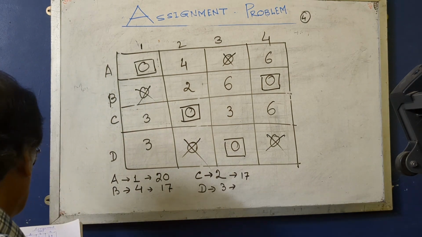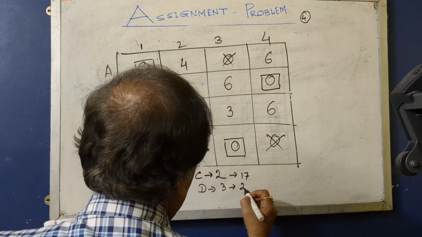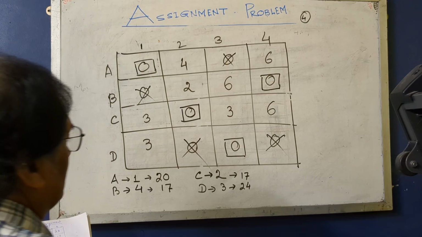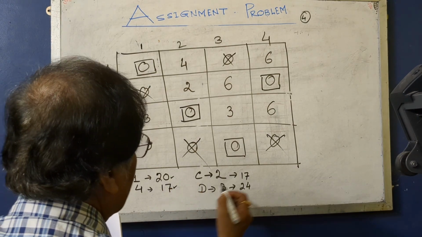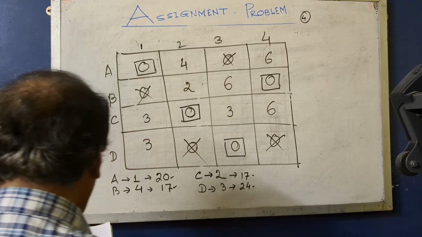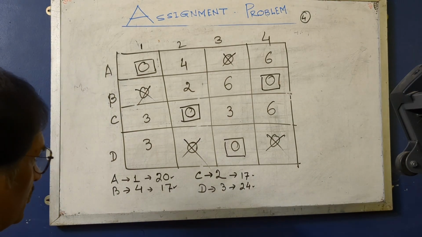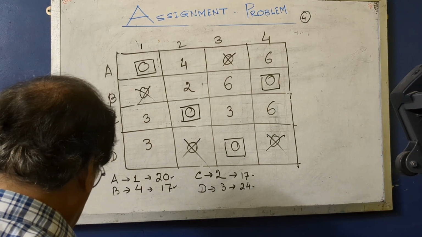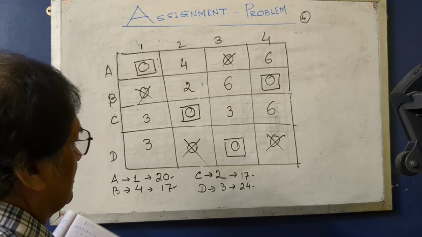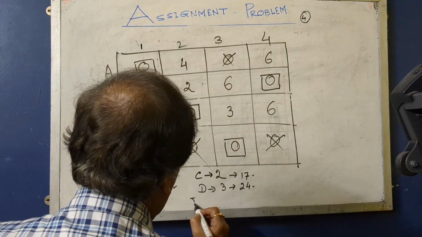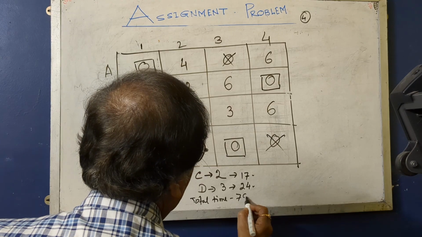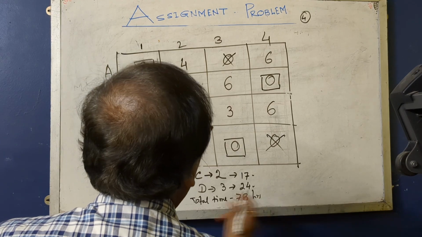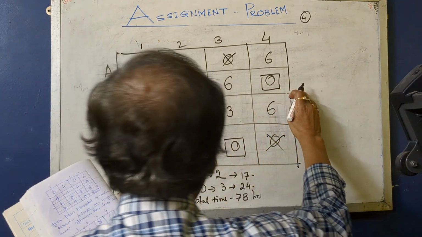And D to 3 is 24 hours. The total time required: you add 20 plus 17 plus 17 plus 24, and the total time will be 78 hours.